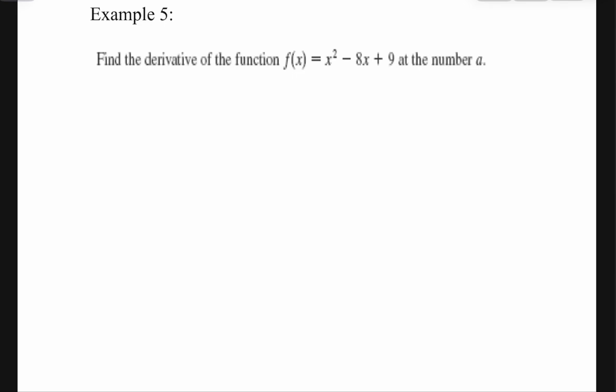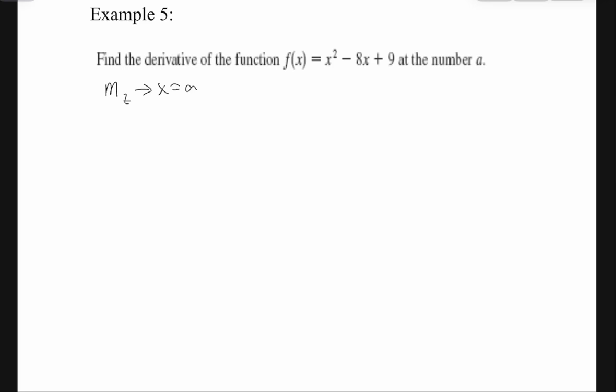Okay, so anyway, it says find the derivative of the function f of x equals x squared minus 8x plus 9 at the number a. So they're really saying find the slope of the tangent when x equals a. That's all they want you to find. Okay.